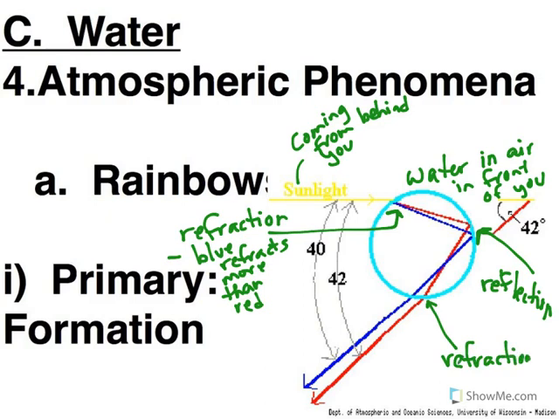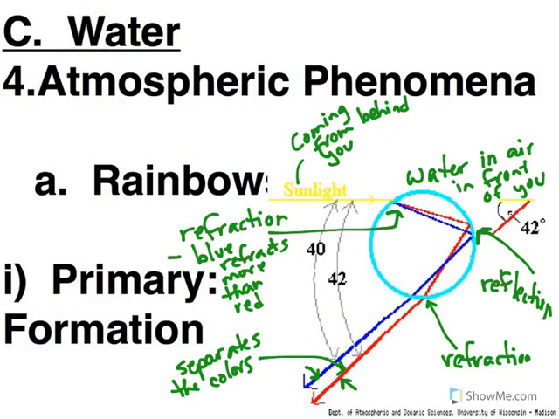And so that ends up separating the colors. And so you're going to have violet on the inside of your rainbow and red on the outside of your rainbow. And you'll notice these angles.